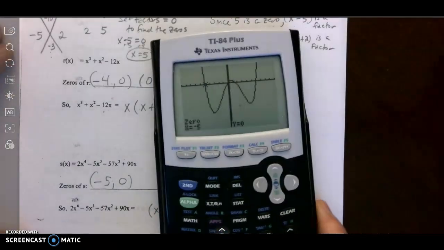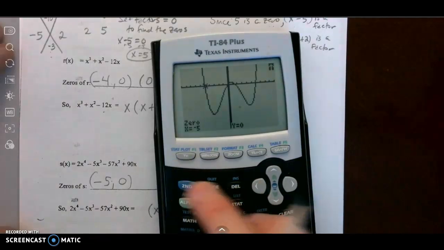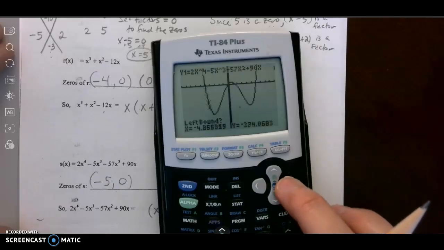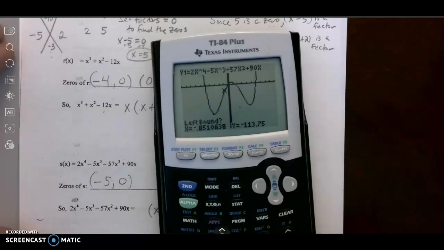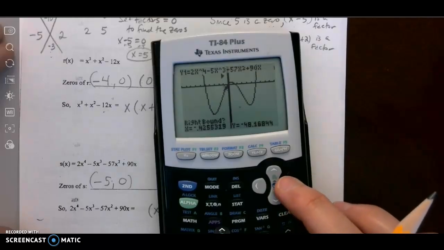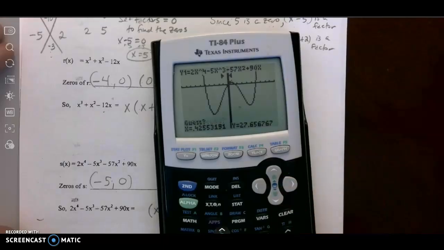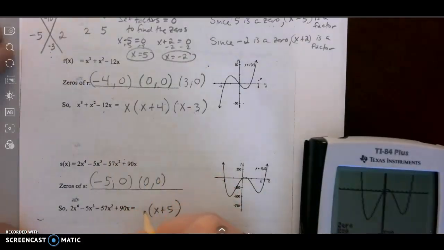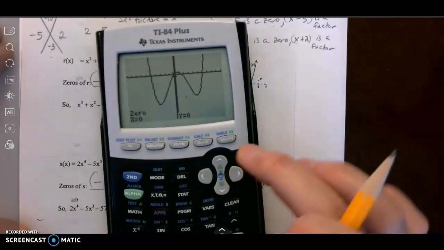Let's go to my next 0, second trace, 0. Let's go to this next one here. I'm left and below, right and above, and I'm at 0, 0, which I know gives me a factor of just plain old x. Right?